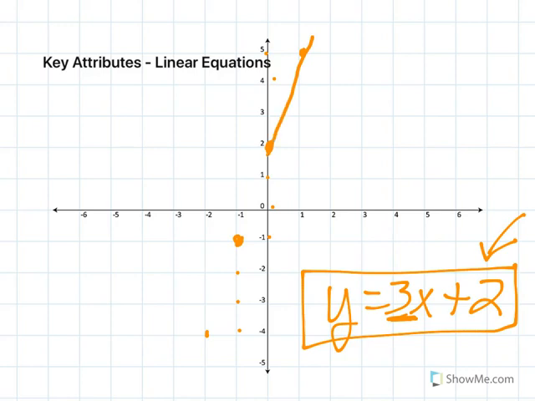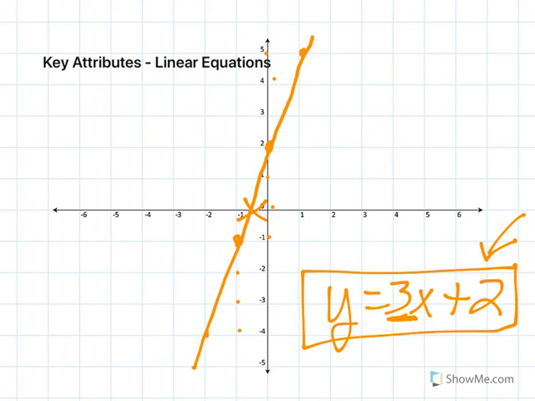Okay, so it would look something like this. So you say your x-intercept is somewhere between 0 and -1, right in here somewhere. How do you figure that out? Well, remember what we just said about the x-intercept is when y is equal to 0, and the y-intercept is when x equals 0.